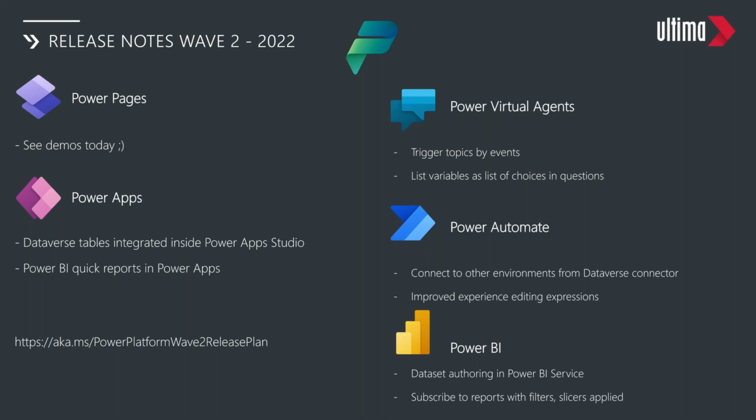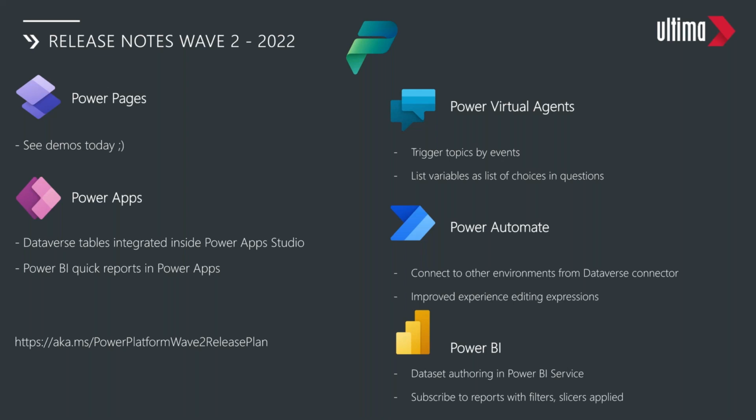Power Automate, I think the first one, connecting to other environments for Dataverse, was not only an improvement from Microsoft's side, but I think a very big demand from the whole community and everybody who's using Dataverse, because in the legacy connector this is possible.